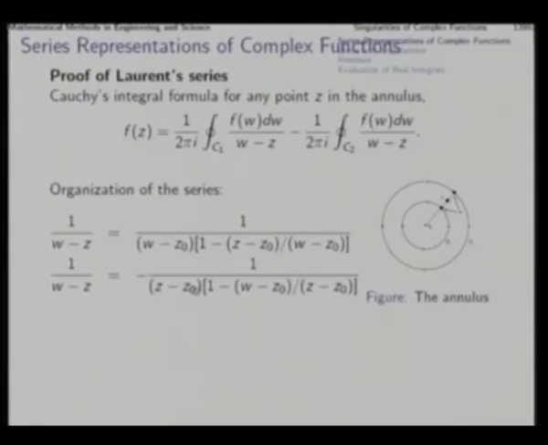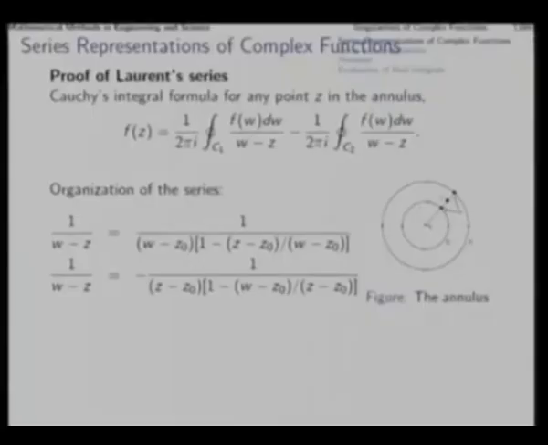Taking z minus z0 outside we will have this. In this again for C2 this will have absolute value less than 1, and why are we insisting on less than 1? Because the binomial expansion of 1 minus q to the power something will be convergent for absolute value of q less than 1.